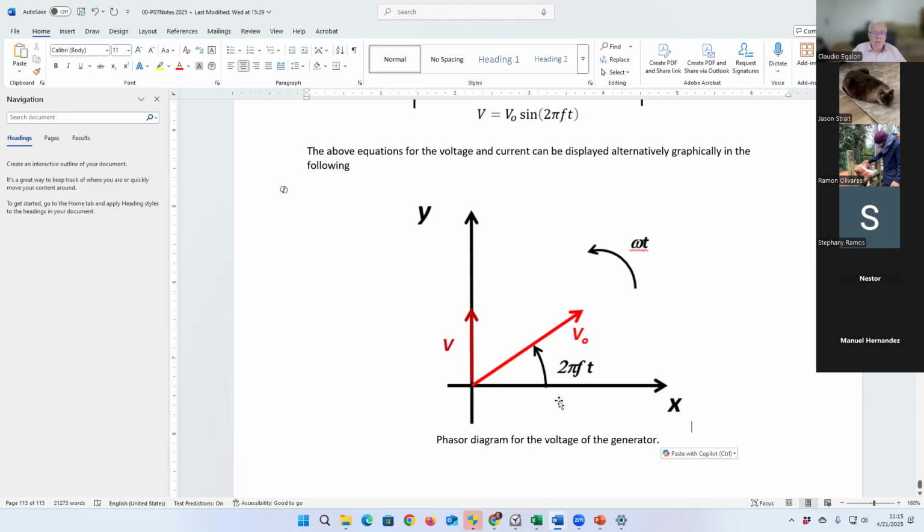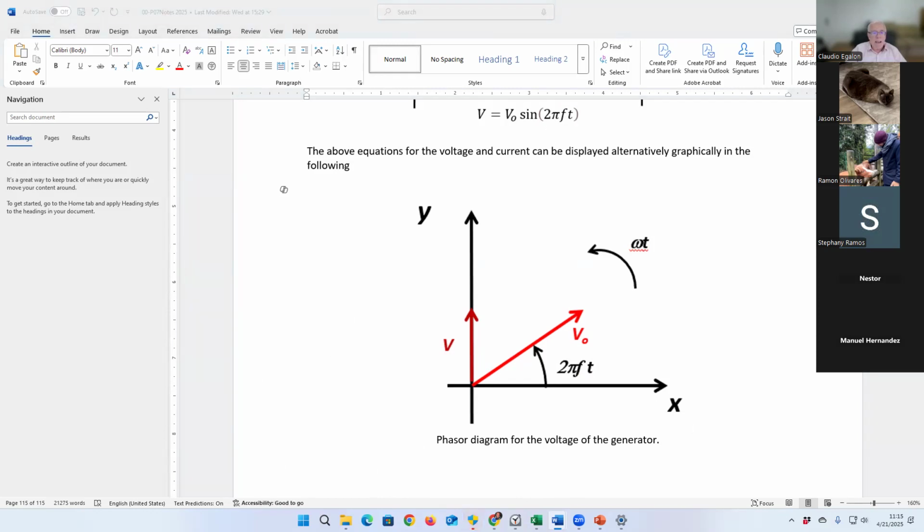And 2 pi ft is the angle, which is exactly the argument inside the sine function. Okay? So you can picture this thing rotating as time goes by. That's what a phasor diagram is. A very useful type of diagram, it allows you to solve problems more quickly.